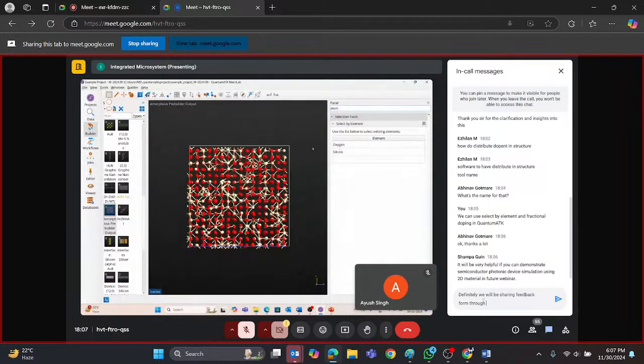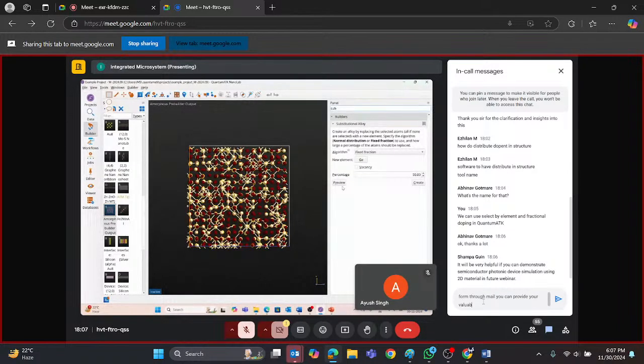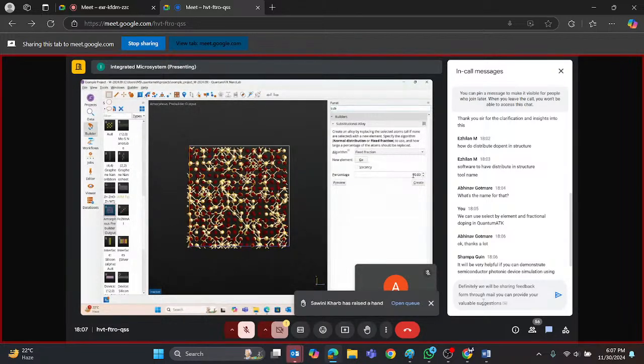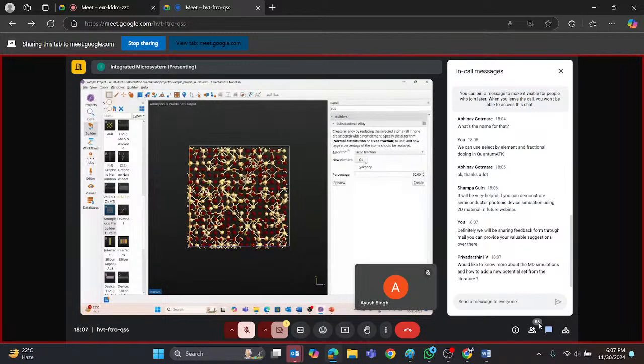Here you can see in this structure we have the oxygen and the silicon material. So we have selected the silicon, and then you can go to the substitutional doping, and then you can add your new element, and here you can define the percentage. Suppose you want to add germanium at 50%, then you need to click on this preview. You can see 50% of the silicon has been replaced by 50% of the germanium.